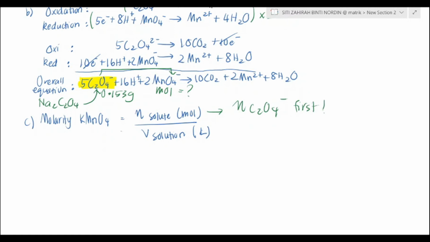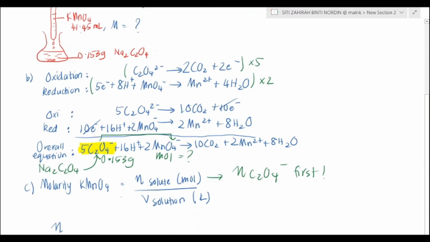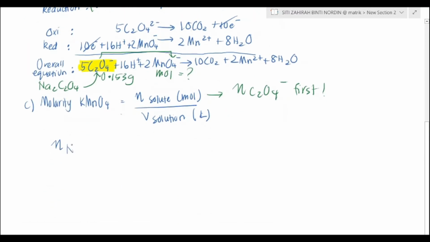Okay, so let's continue on. Mole of Na2C2O4 is equivalent to mole of C2O4 2-, which would be 0.153 gram divided by the molar mass, 134 gram per mole.